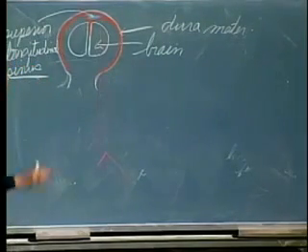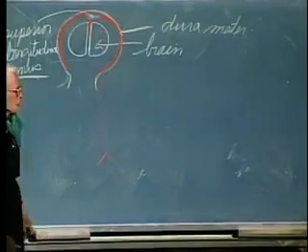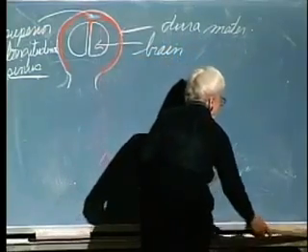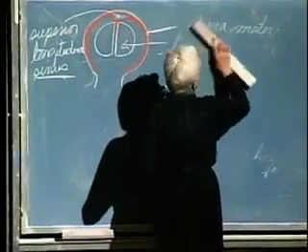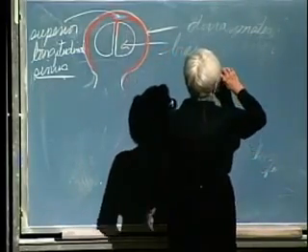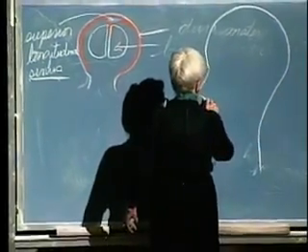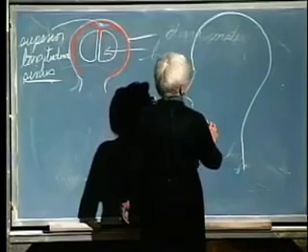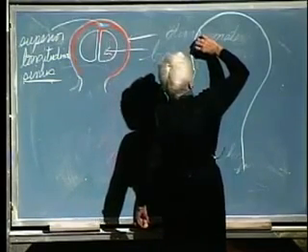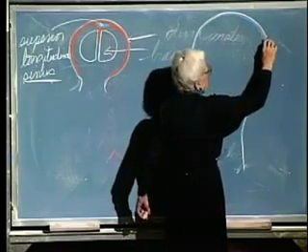So let's take now a mid-sagittal cut right down the center of the head. And we'll have our superior sagittal or superior longitudinal sinus running up here in its fold of dura.